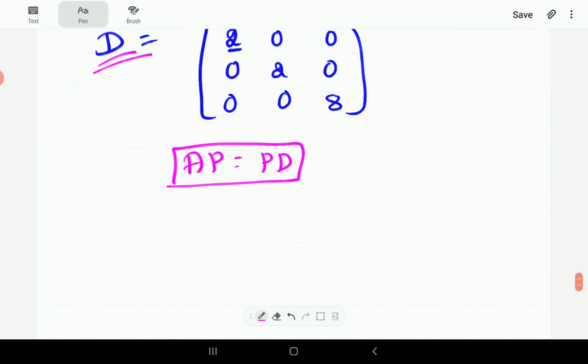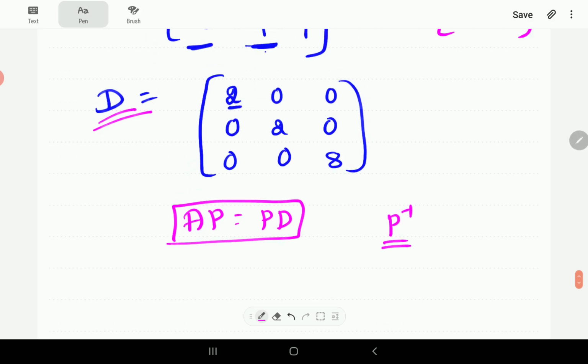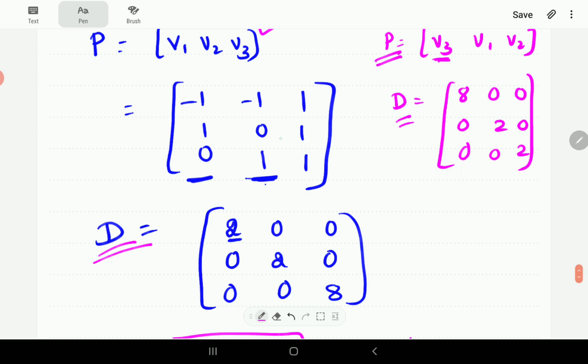And in case they ask you to find P inverse, I'll suggest that, since I've already given you the P value, you use the Jordan method, which we already know, to find the inverse.